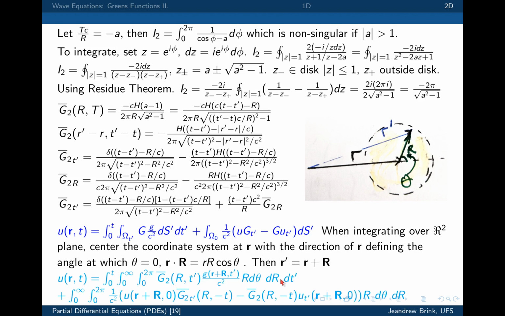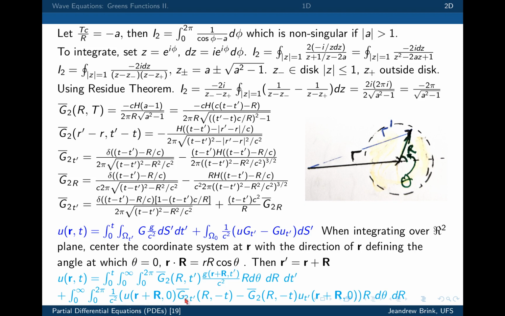And the same holds true for the other terms. So here we have u evaluated at r prime, which is r plus big R. So this is now the initial condition, right?